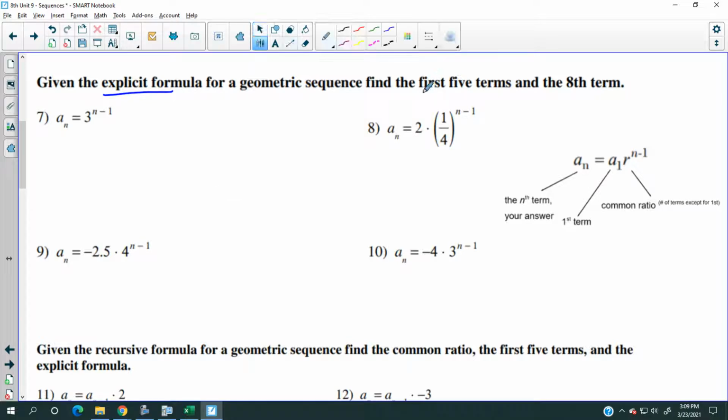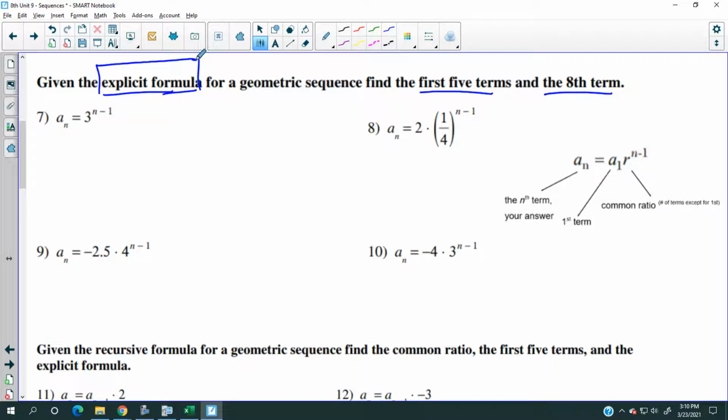Interesting. Look right here. First 5 terms, simple enough, because all I have to do is follow this formula. One thing I want to encourage, and I was in the same boat not too long ago when I was preparing for this unit: don't get too caught up with the formulas. That's the advice I would give you for the problems in this unit.